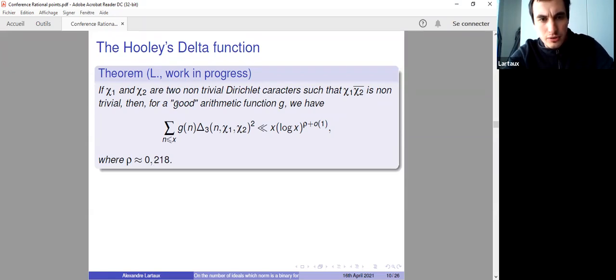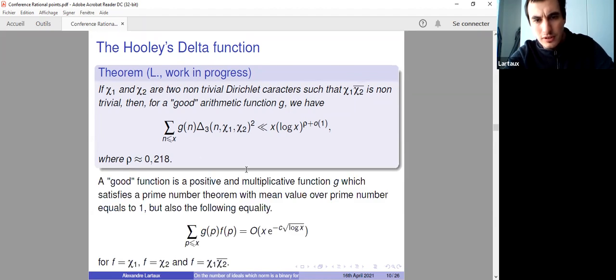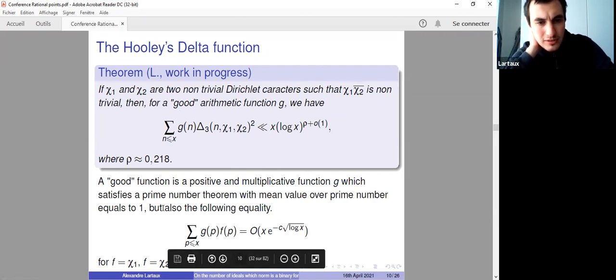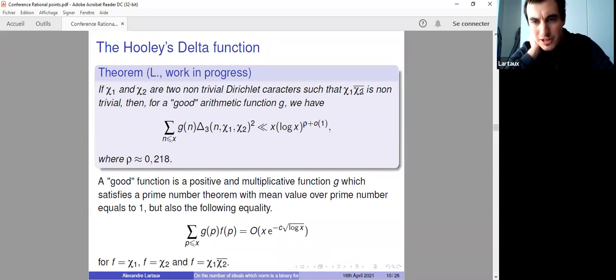And what I call a good function, as previously, is a positive multiplicative function which satisfies a prime number theorem with mean value over primes equal to 1. And also the following equalities: the sum of g of p f of p is big O of x exponential minus c square root of log x for f equal to χ1 χ2, but also χ1 over bar χ2.